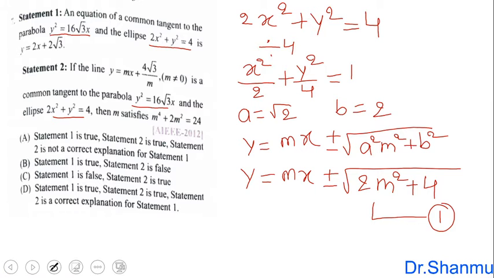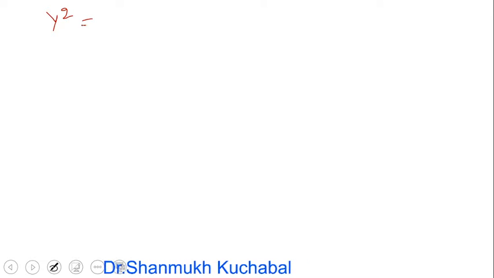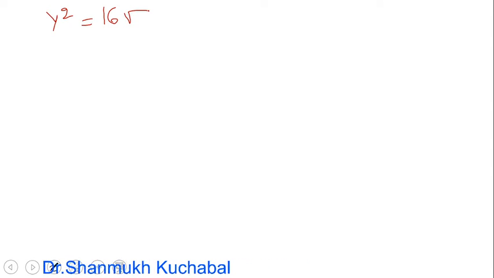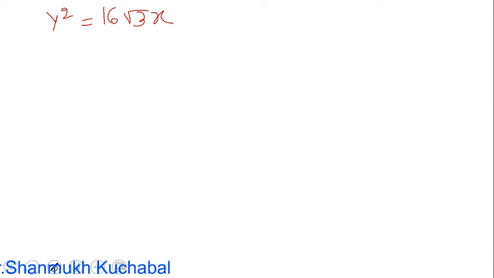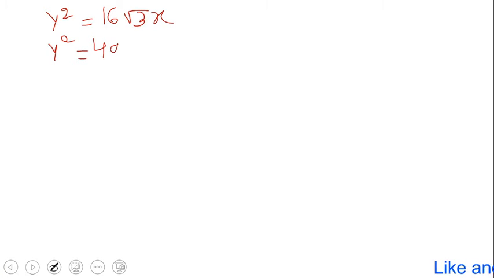So now I am going to take the equation of the parabola. The parabola is given in the first statement: y square equal to 16 root 3 x. Our standard form of a parabola, I write just below that, is y square equal to 4ax here.